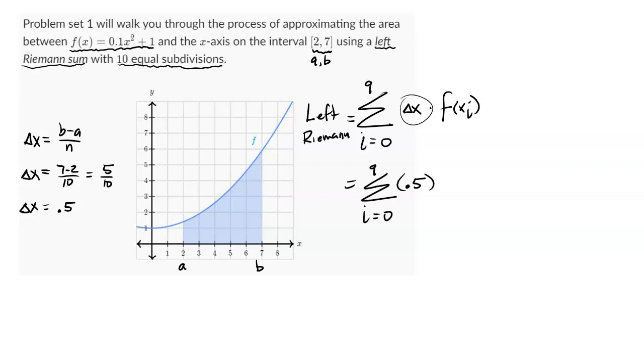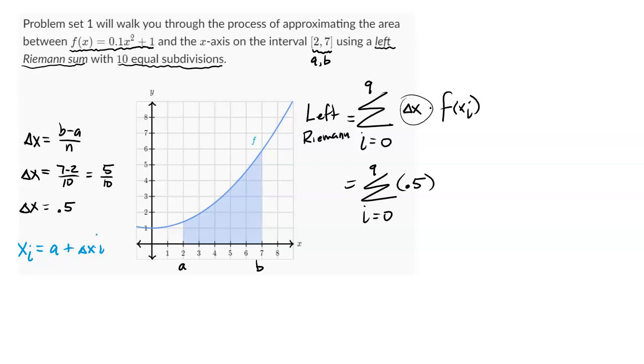X sub I. Let's find that before we find f of x sub I. Bella, do you think you could help me figure out x sub I? And if you want, I can certainly refresh you of the formula. Close.